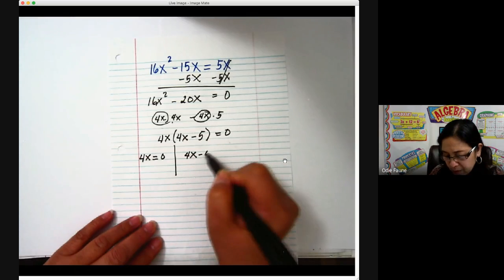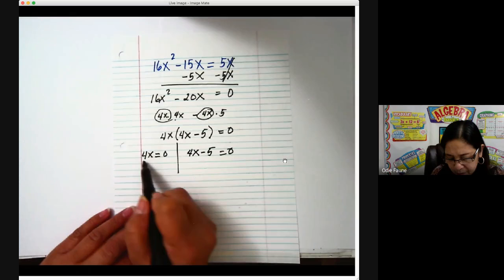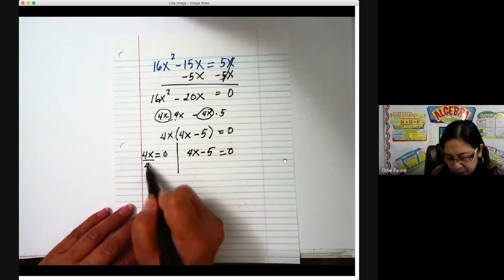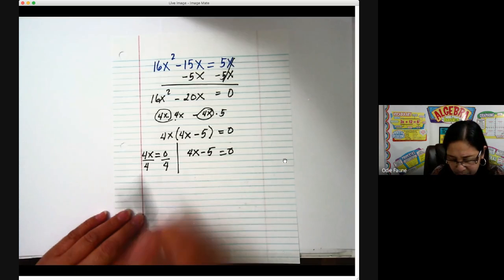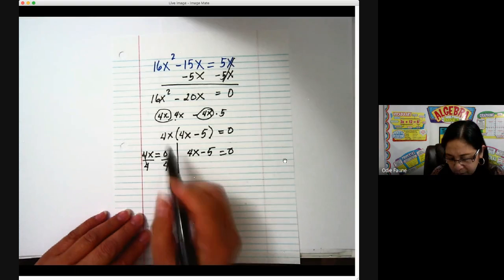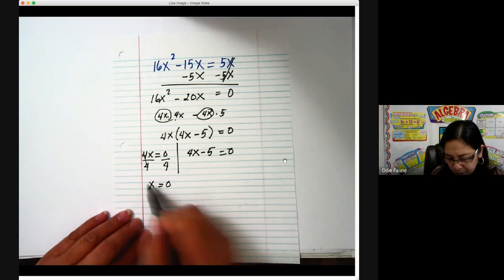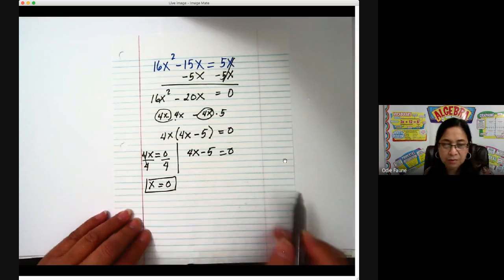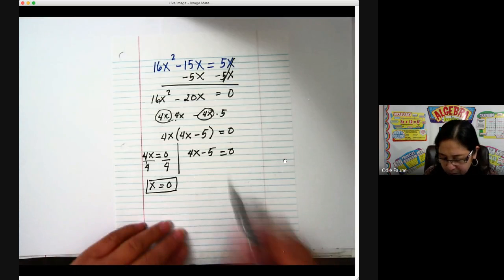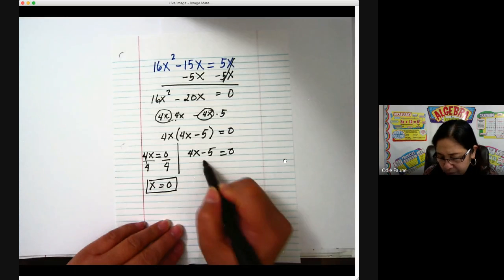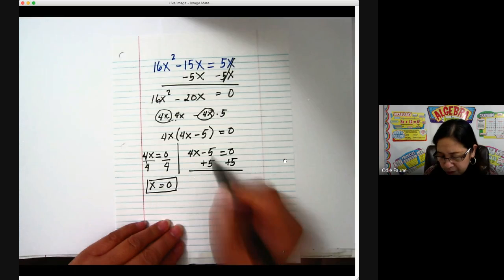4x minus 5 equals 0, and I will solve for x. Here, the inverse of multiplication is division, so divide both sides by 4. 4 divided by 4 is 1, 1x, and 0 divided by 4 is 0. This is one of the roots. And then here, I have to add 5 to both sides because the inverse of subtraction is addition.